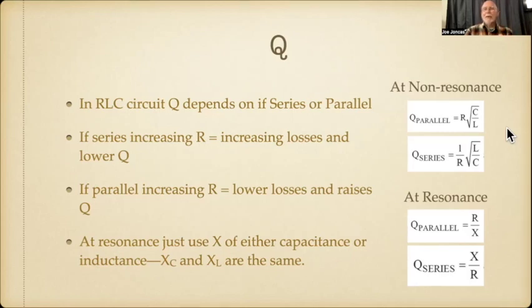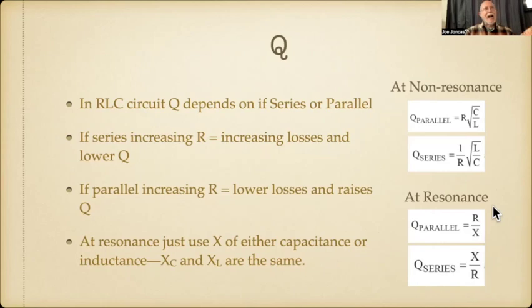I've never actually really measured or used Q directly. I have done it indirectly just by understanding how it works. I look at something and I say, "Oh, this has got a real low Q. It's going to be real broad, but this should have a real high Q."